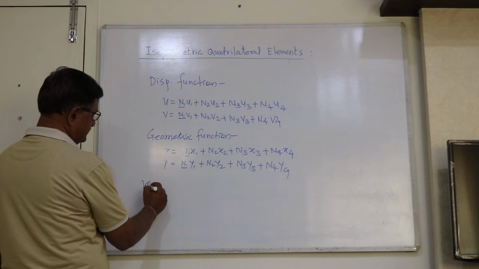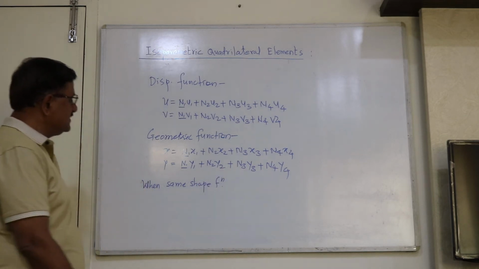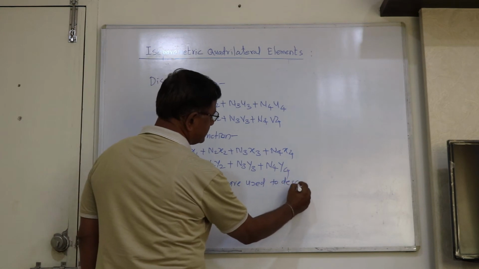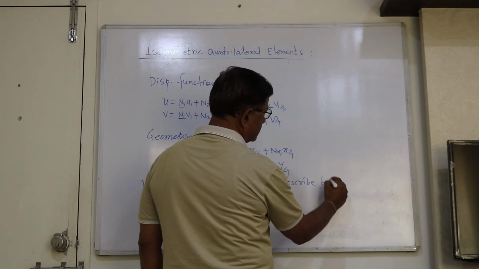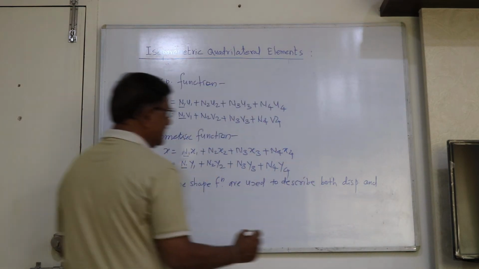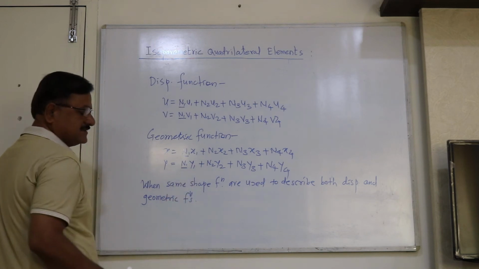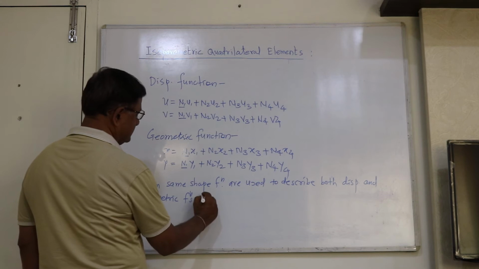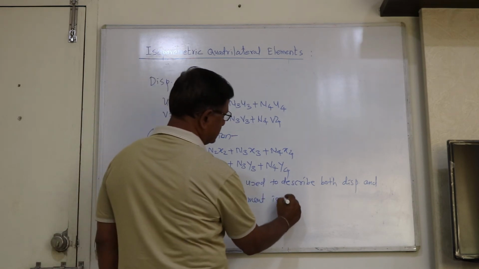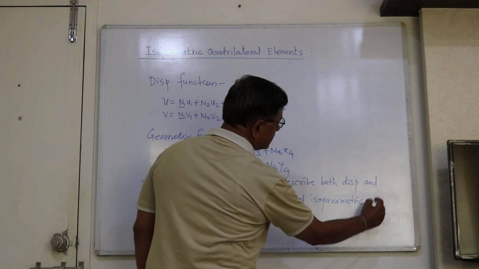It means that when the same shape functions are used to describe both displacement and geometric functions, the element is called an isoparametric element.